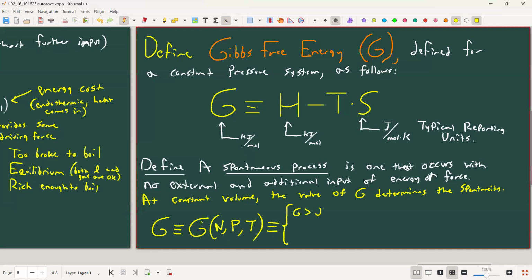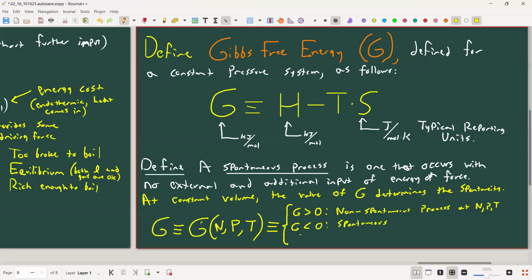If G is greater than 0, it's a non-spontaneous process, meaning it does not occur automatically at the conditions at NPT. G can be less than 0, which means it's spontaneous. And if G equals 0, we say this is at equilibrium.